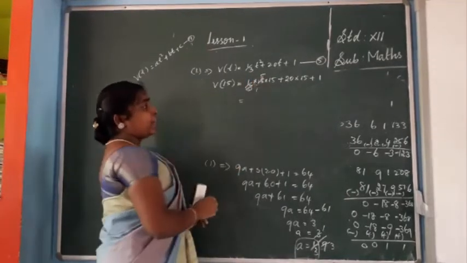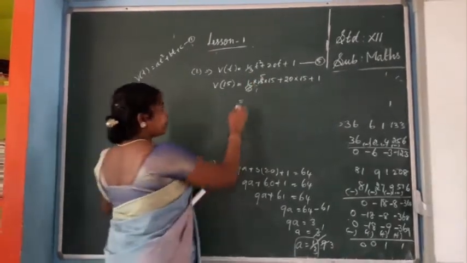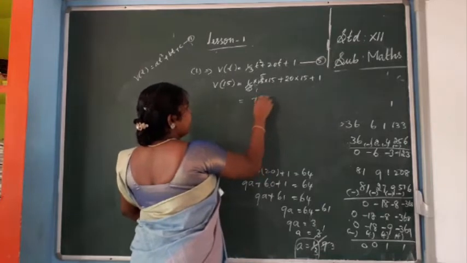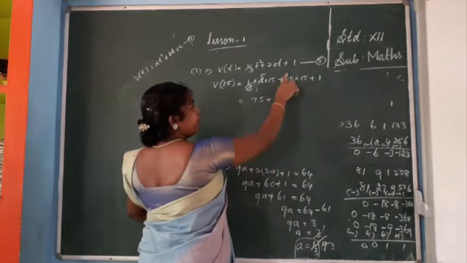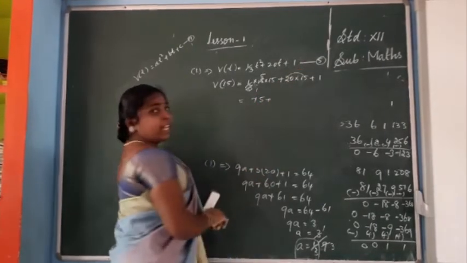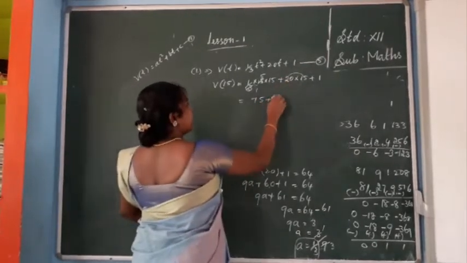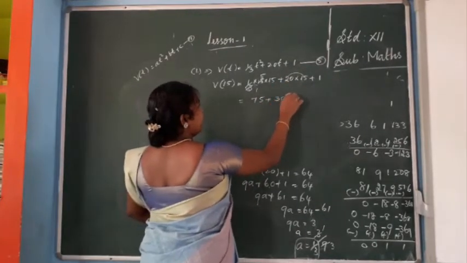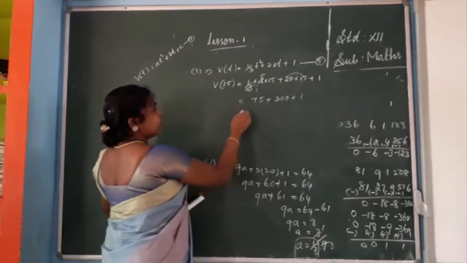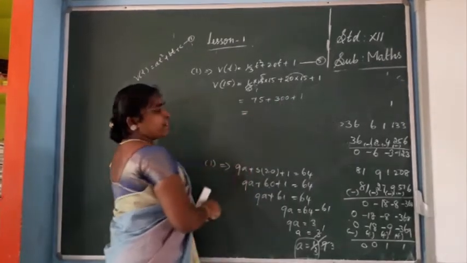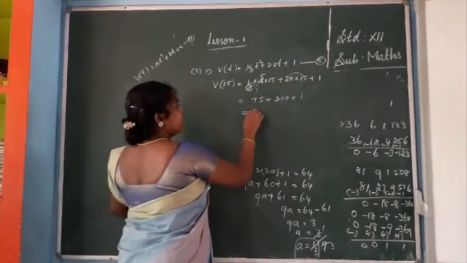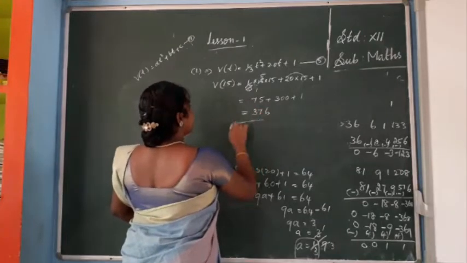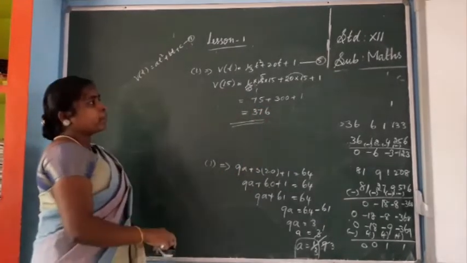Now you multiply 15 into 5: 75, plus 20 into 15, that is 300, plus 1. So 300 plus 75 plus 1 is 376. That is the answer.